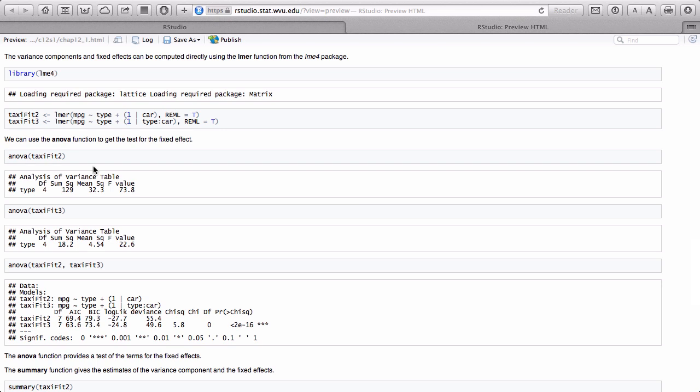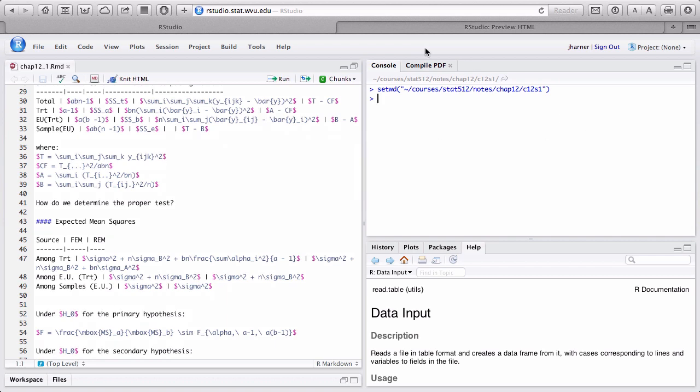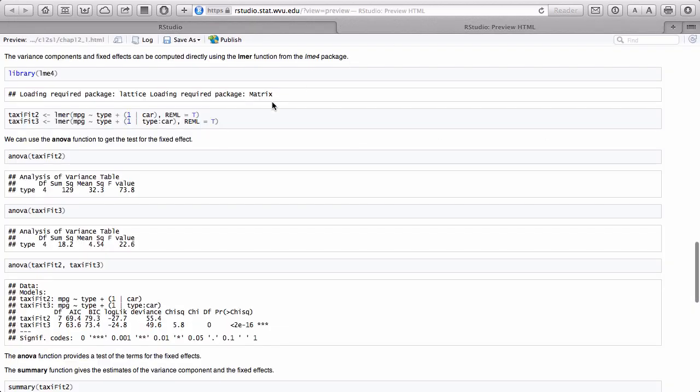So I haven't been able to actually reproduce it. You would think that you would just replace that one right here by type, and then that would be car within type. Not only is that not correct, you get a singularity and have a convergence problem.